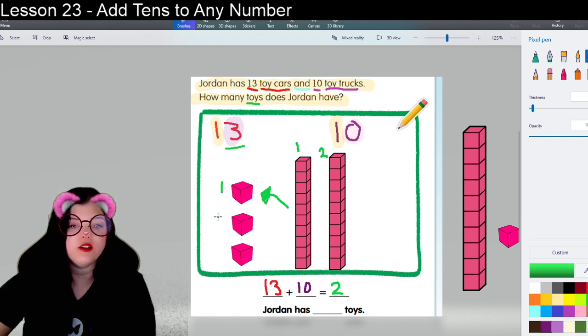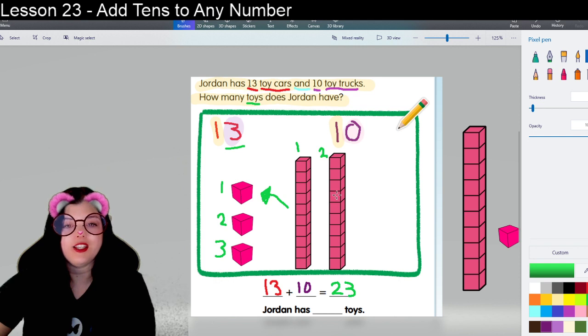I know there's 1, 2, 3. So I'm going to write 3 in the ones place. So 3 more than 20 makes 23. And you can also count by knowing that this is 10, 20, and then 20 plus 3, 20, 21, 22, 23. So Jordan has 23 toys.